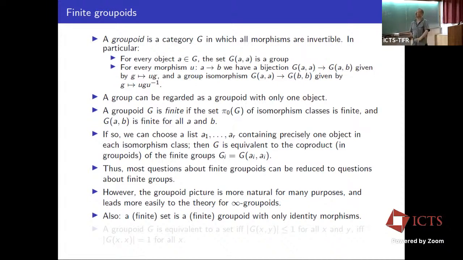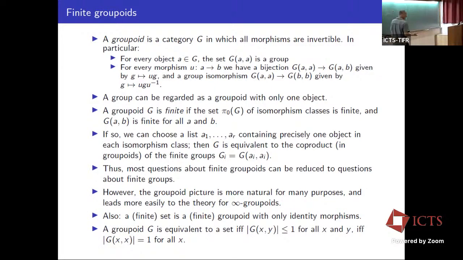And so it's convenient that by working with groupoids, we've got this category that contains sets and also contains groups. A set is a groupoid with only identity morphisms, like I said.